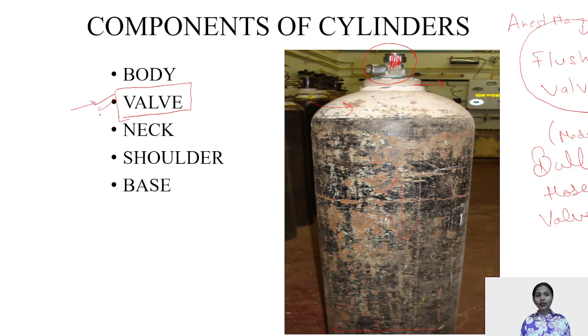The valve forms part of the hanger yoke assembly, because this is the part of the cylinder that helps it get attached to the anesthesia machine. This valve is rotated on a stem in an anti-clockwise direction in order to open it, such that the gases can be withdrawn from the cylinder to your anesthesia machine.